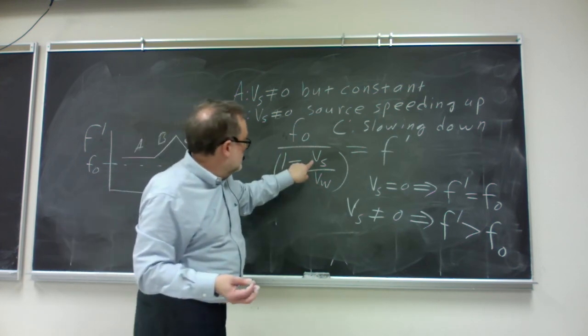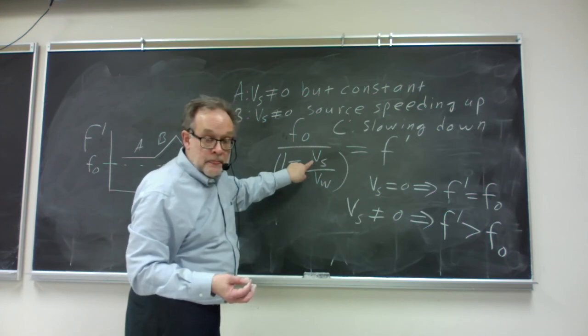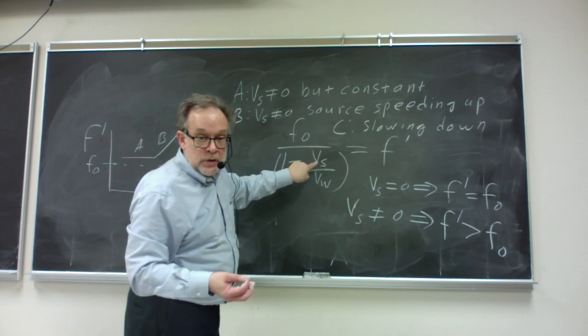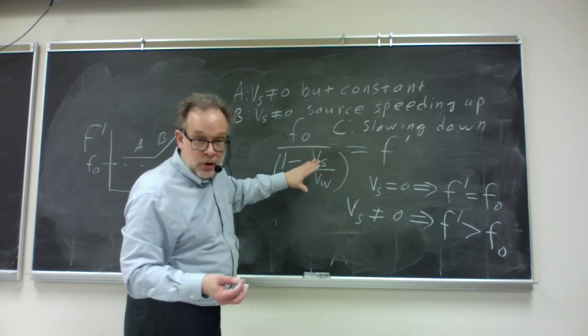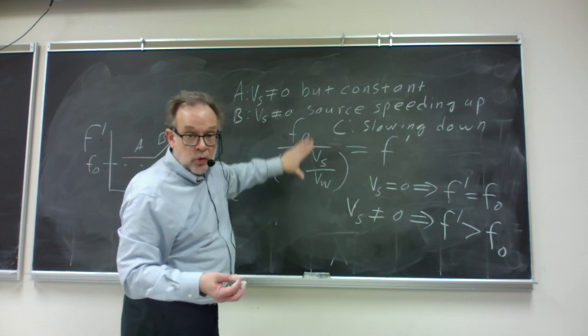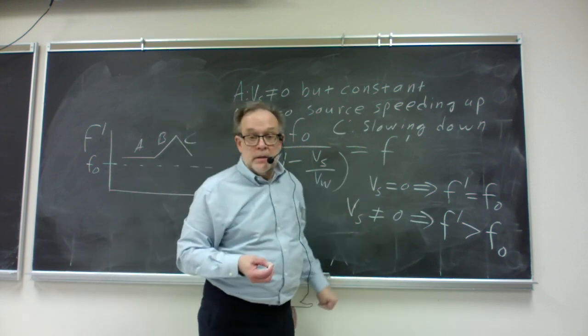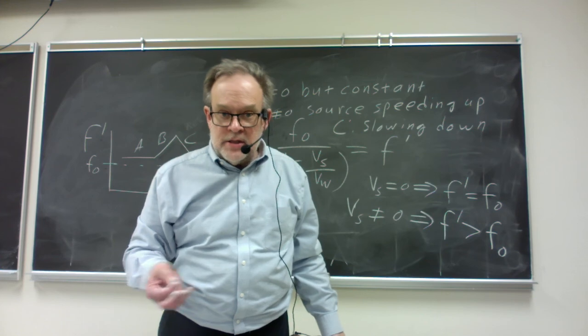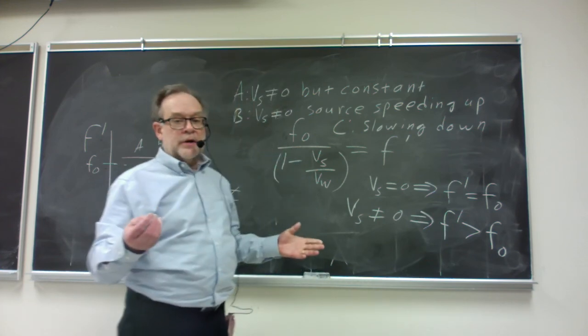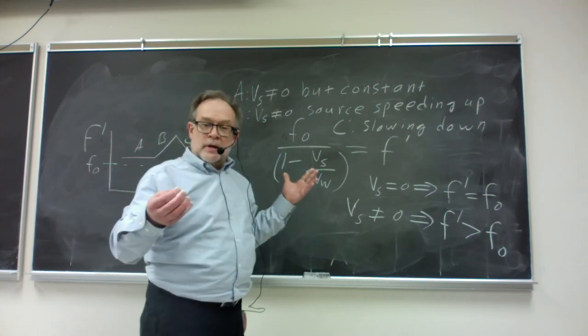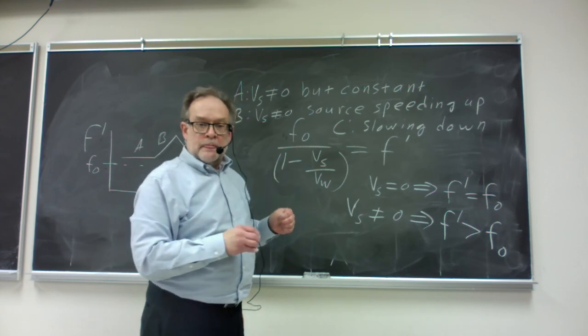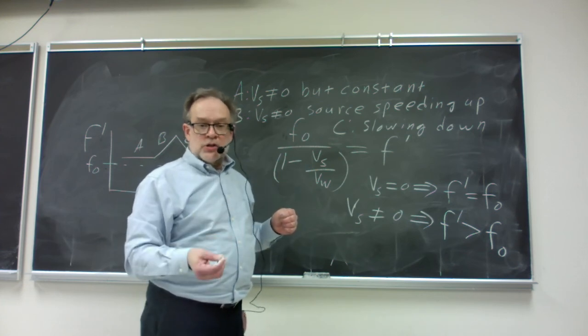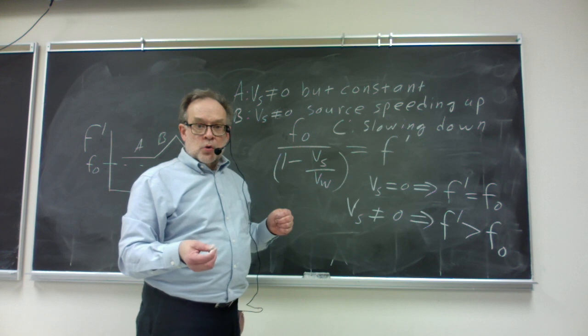In other words, as this gets smaller, less is subtracted from 1, so the denominator gets bigger. When the denominator gets bigger, the whole fraction gets smaller. The perceived frequency decreases. Or to put it another way, just kind of flipped around, you have a Doppler effect because the source is moving.